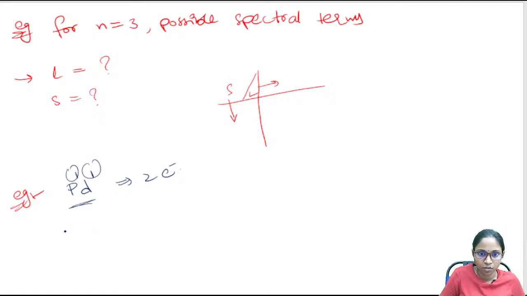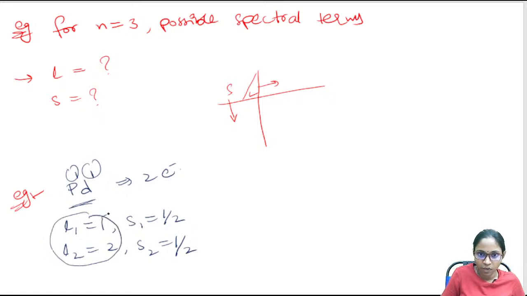For the p d configuration, L1 is equal to 1, L2 equals 2 here, and S1 is equal to 1/2, and S2 is equal to 1/2. From the L1 and L2 values you will be able to find capital L. It will be equal to 2 plus 1 is 3, and 2 minus 1 is 1, therefore you are left with 2.